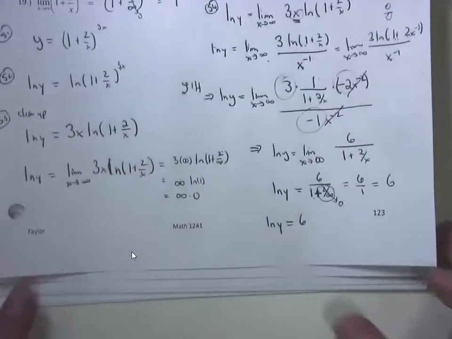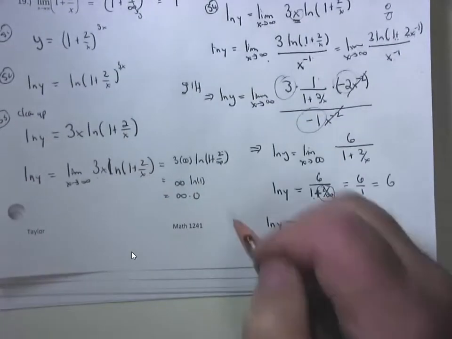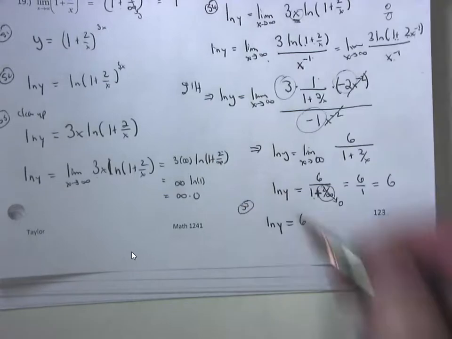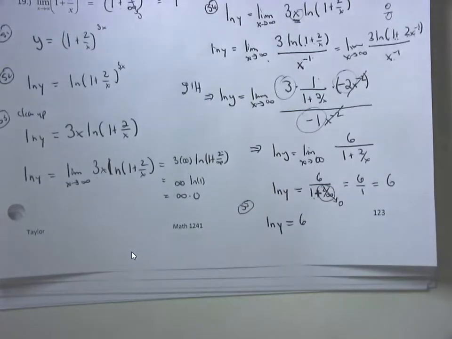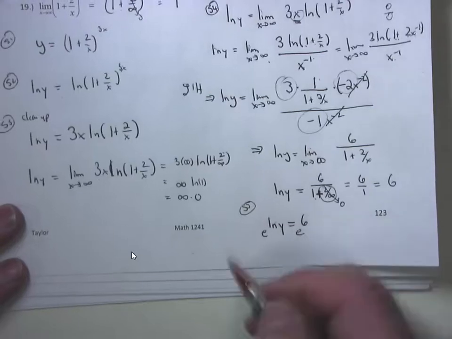And then the last trick with this type of stuff, so here comes your step number 5. What gets rid of that natural log? We can solve for the original problem, which was y. E to both sides. That cancels.